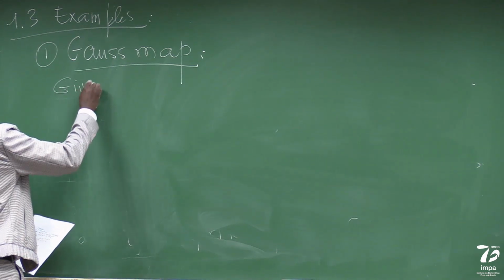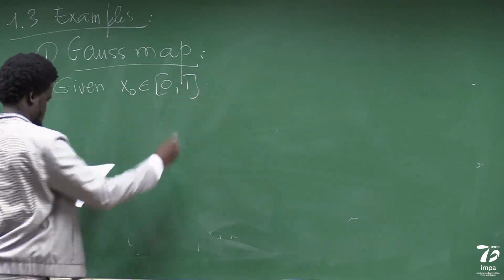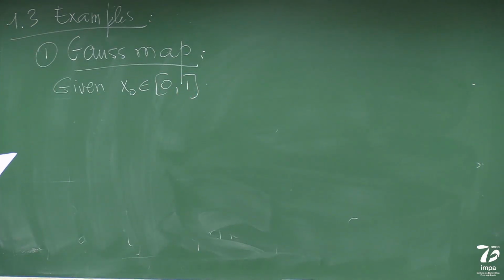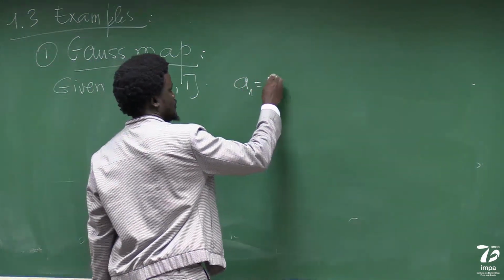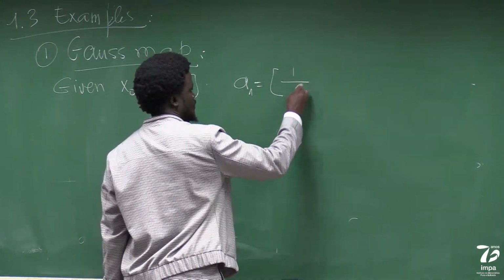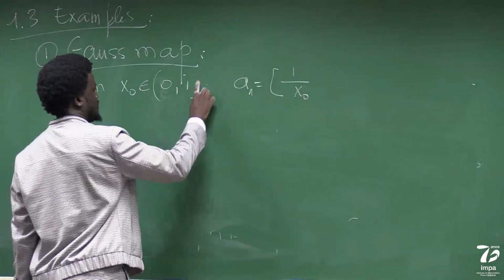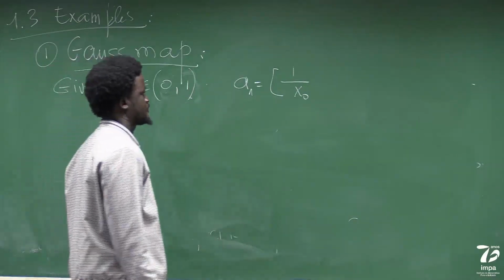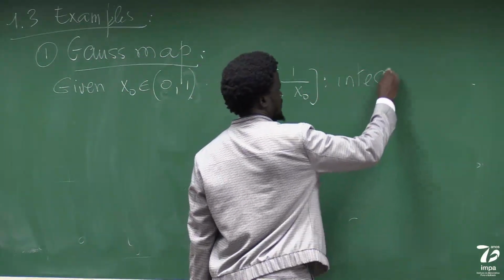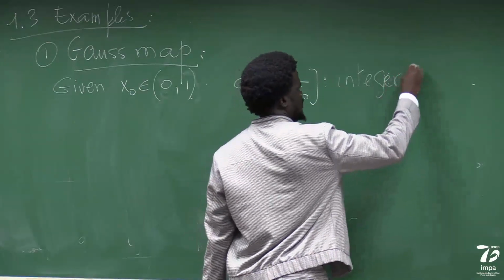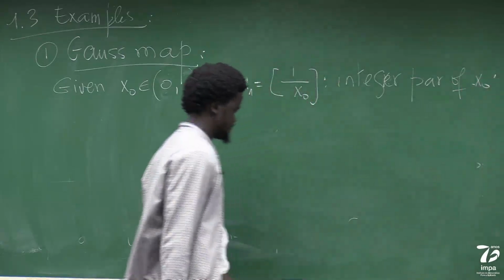So given x naught in 0, 1, you can define a1. Sorry, let me just not put 0 here, 1 here. So this is the integer part of 1 over x naught.